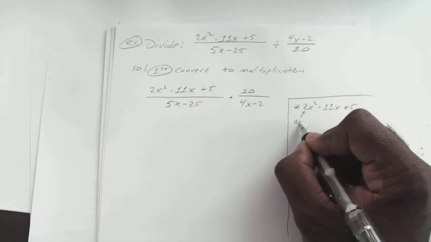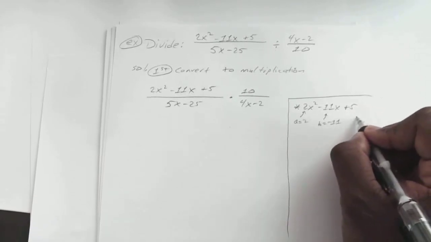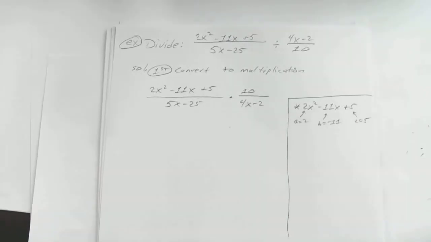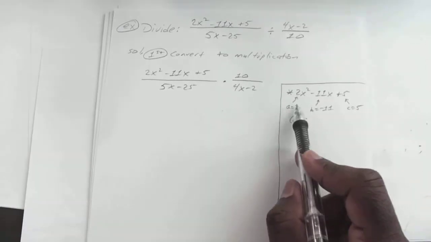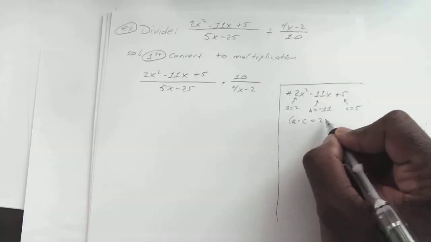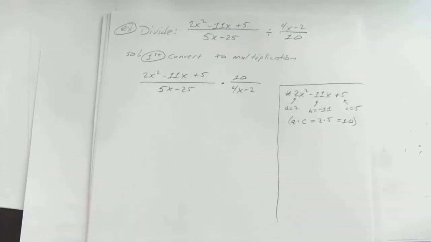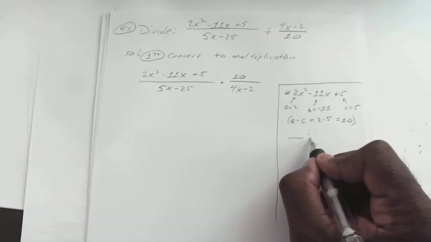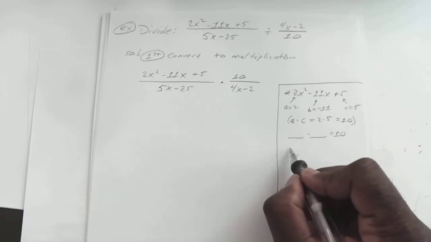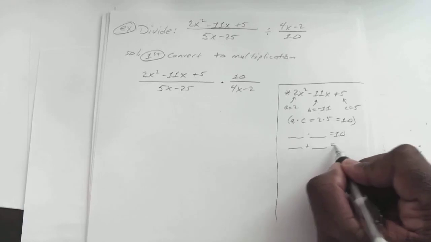So if our a is equal to 2, our b is equal to negative 11, and our c is equal to 5, then that means our a times c is going to be 2 times 5, which is 10. So we have to find two numbers that multiply to equal 10, and those same two numbers add to equal our b, which is negative 11.